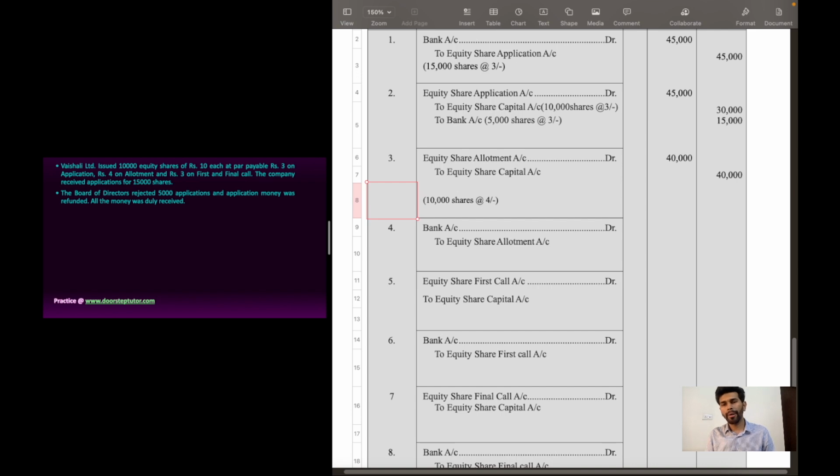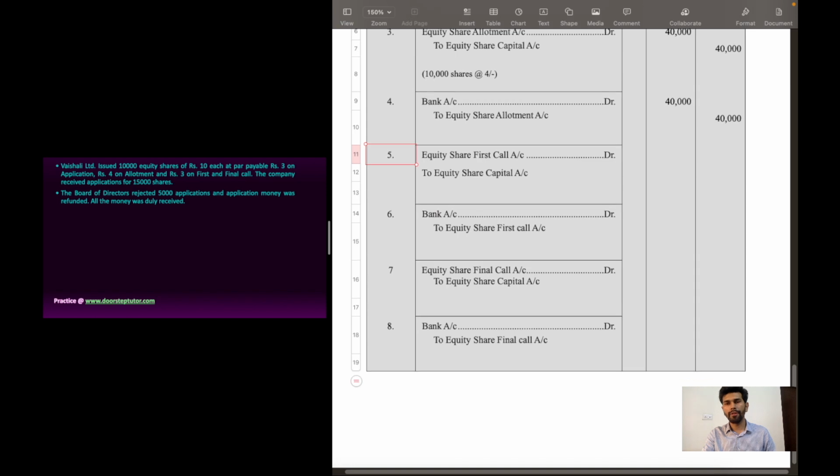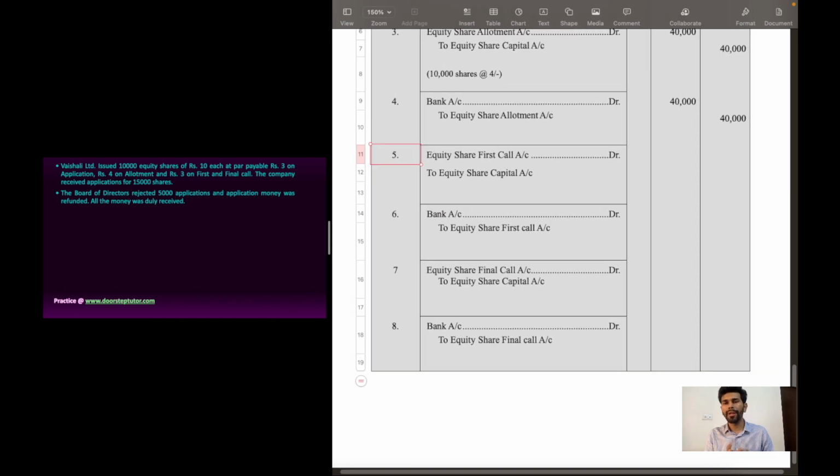Being allotment money due. And on receipt of allotment money, the entry will be bank account debit to equity share allotment account. Amount will be 40,000 rupees. Narration will be being allotment money received on 10,000 equity shares.